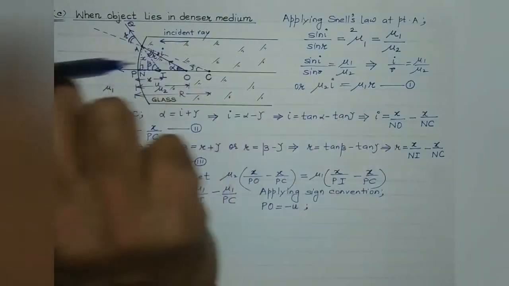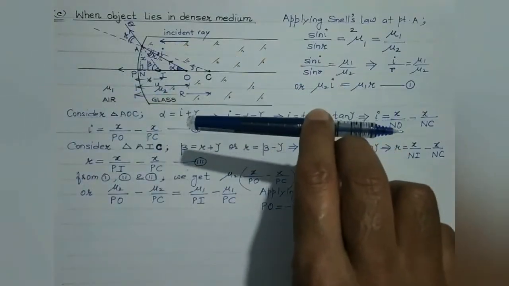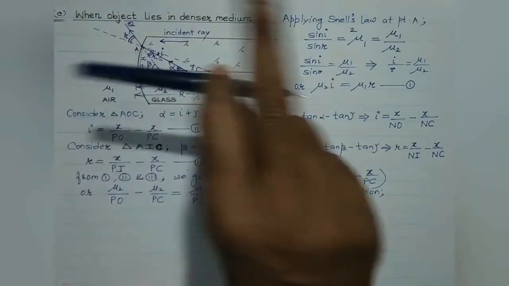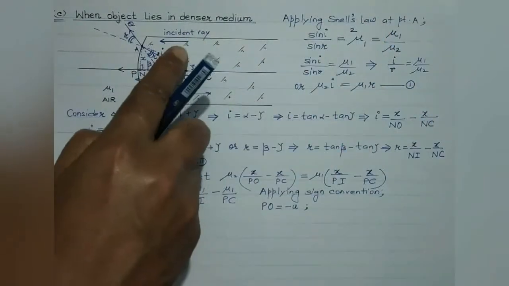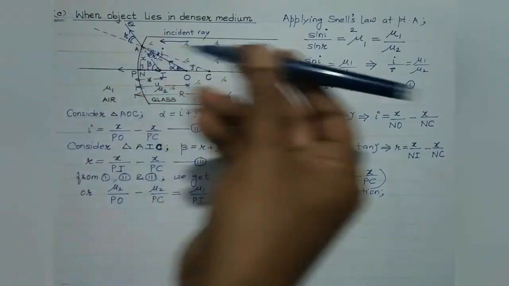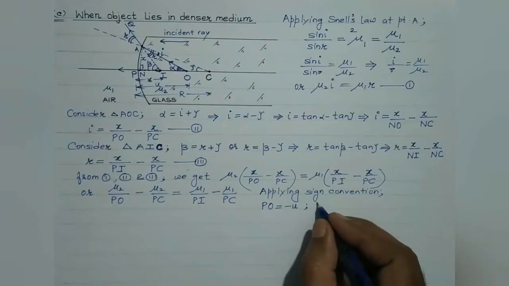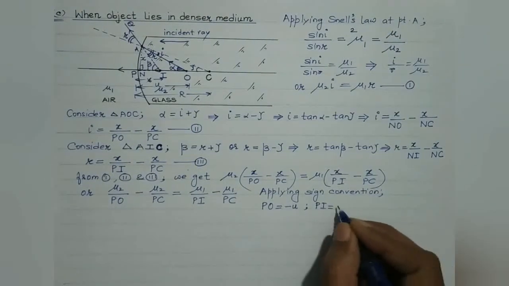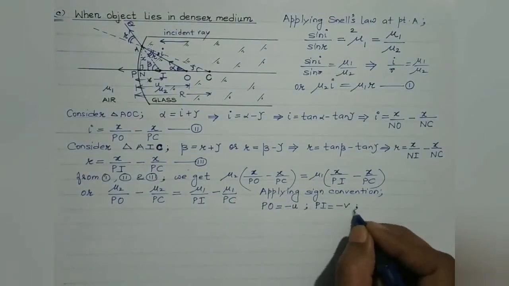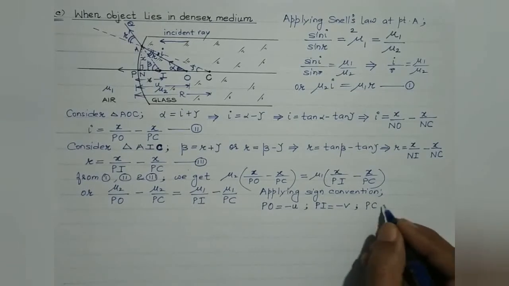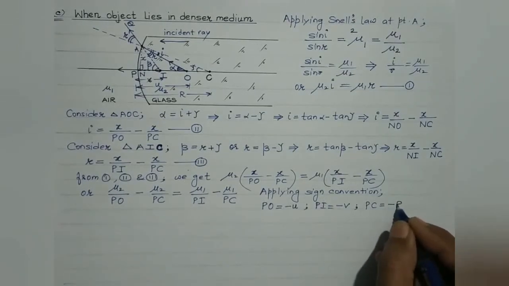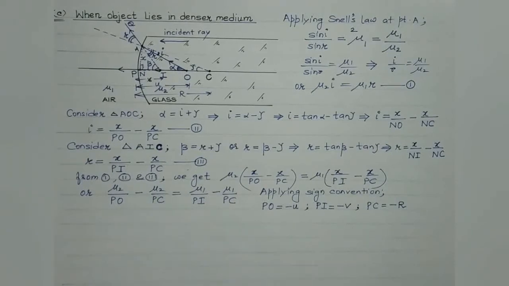So PI, PO, PC, all are measured from left to right, that is in a direction opposite to that of the incident ray, which is from right to left. So all are negative. So PI is equal to minus v. For virtual image, v is negative. PC is equal to minus R. Let's substitute these values over here.